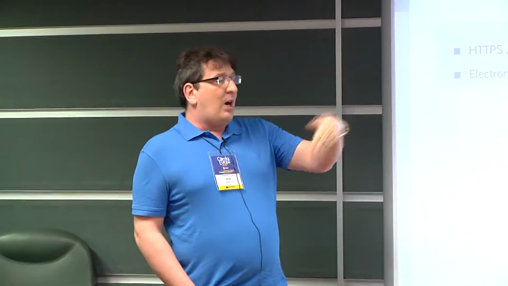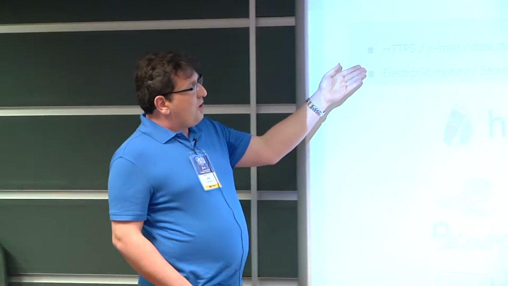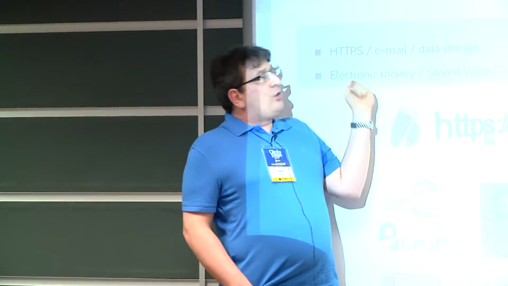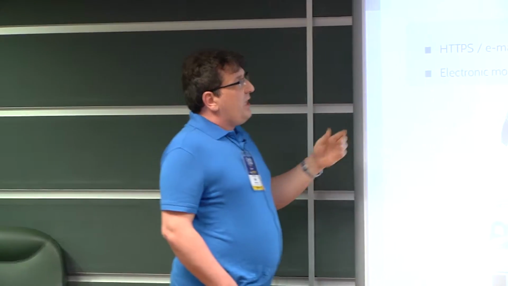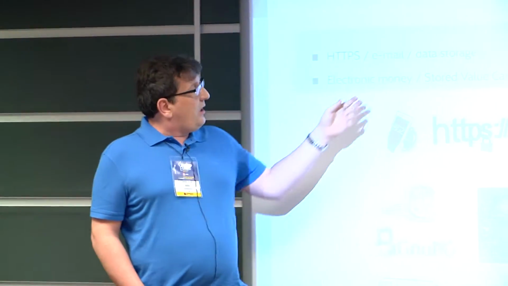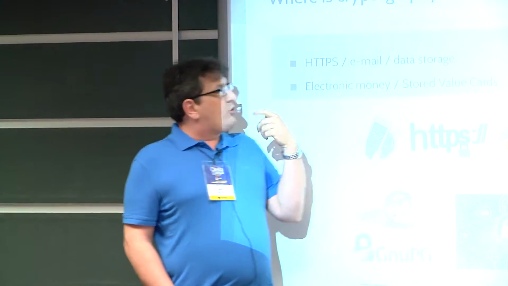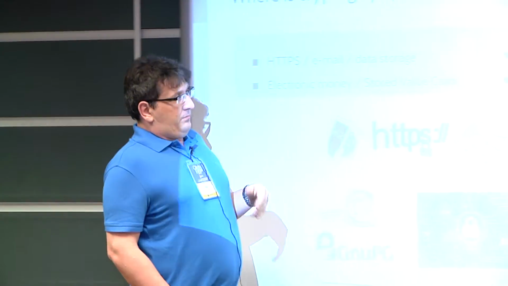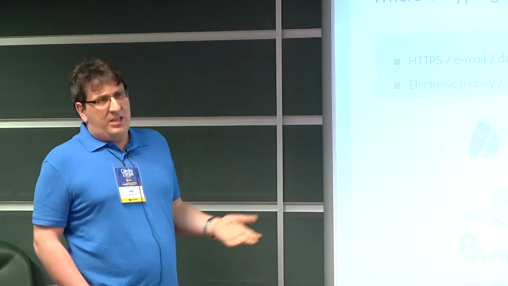You can also encrypt your email, or encrypt your data and give them to a data outsourcing provider. You can find a lot of concepts about cryptography when you talk about electronic money, Bitcoin, stored value cards, smart cards, electronic tokens, SIM cards, voice over IP, and so on.